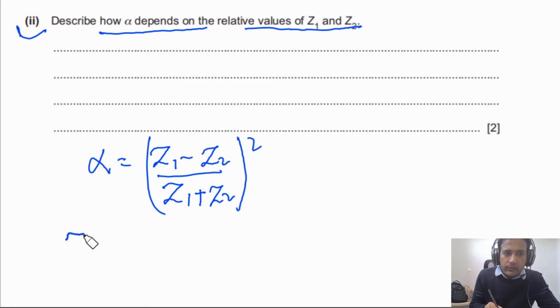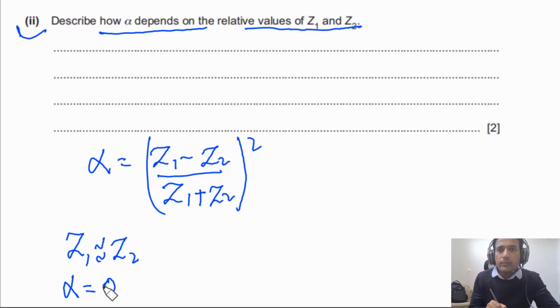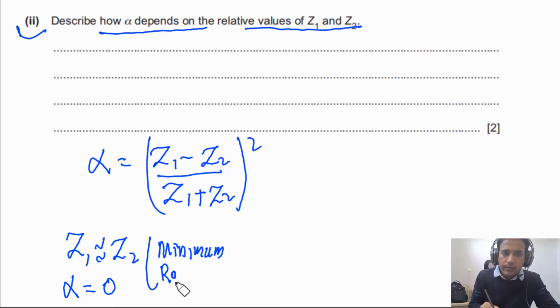So if Z1 is about equal to Z2, what will be the value of alpha? Alpha will be equal to 0. It means minimum reflection, so most of the waves will be transmitted. So this is the first thing, minimum reflection.